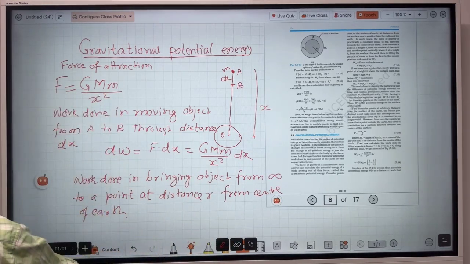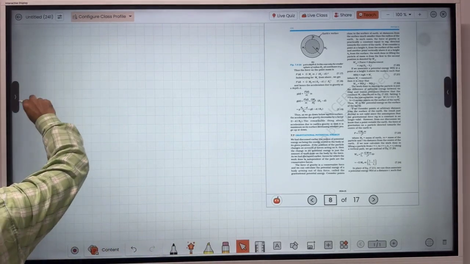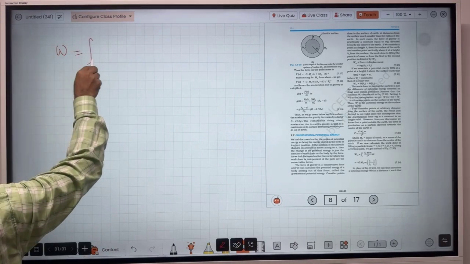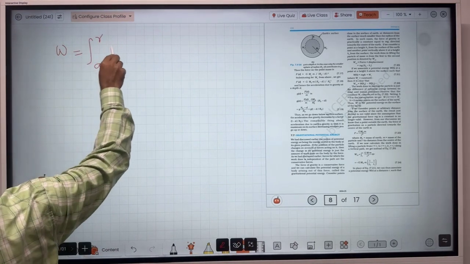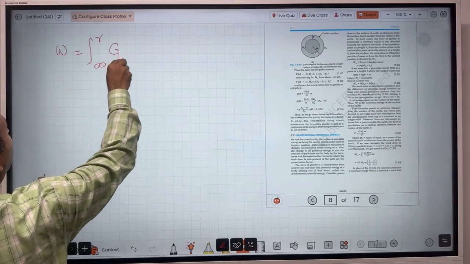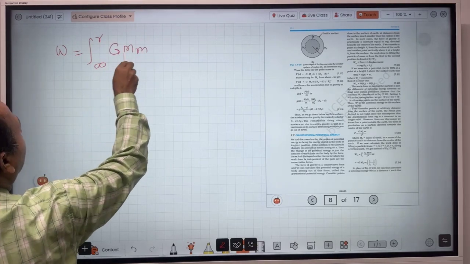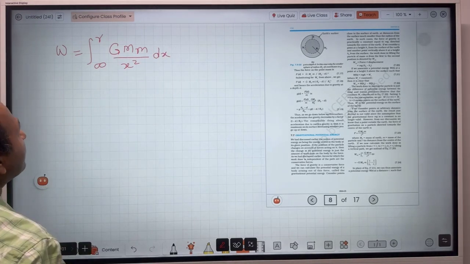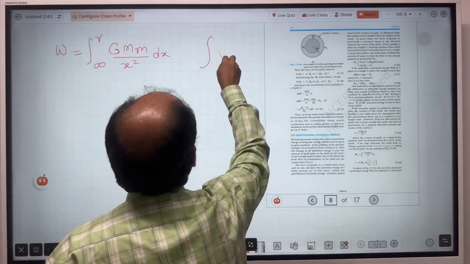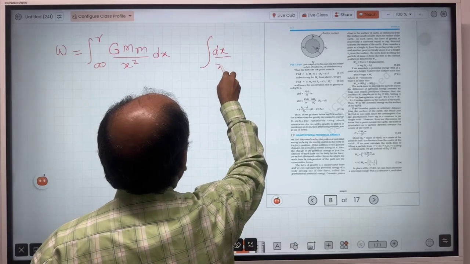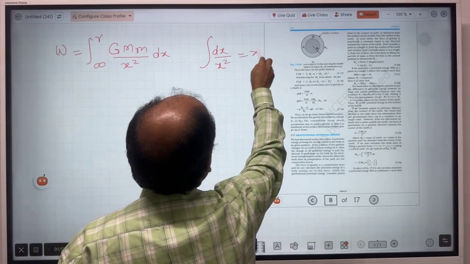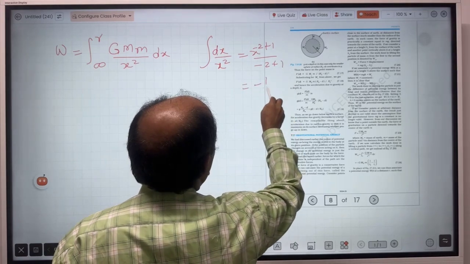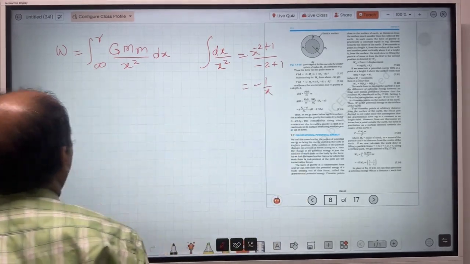So let's write the next step. W equals infinity to r, F dx. So GMm divided by x square, dx, and if you remember, integration of dx upon x power 2 will be x power minus 2 plus 1 divided by minus 2 plus 1, which will be minus 1 upon x.